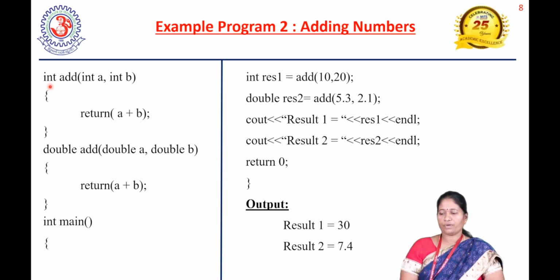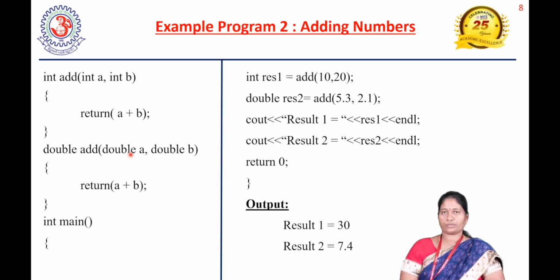If you look here, we have the same function name, add function. But look at the return type. Here I am using a return type of double. If you use a double return type, obviously the arguments also need to be double; we won't mention the integer data type.